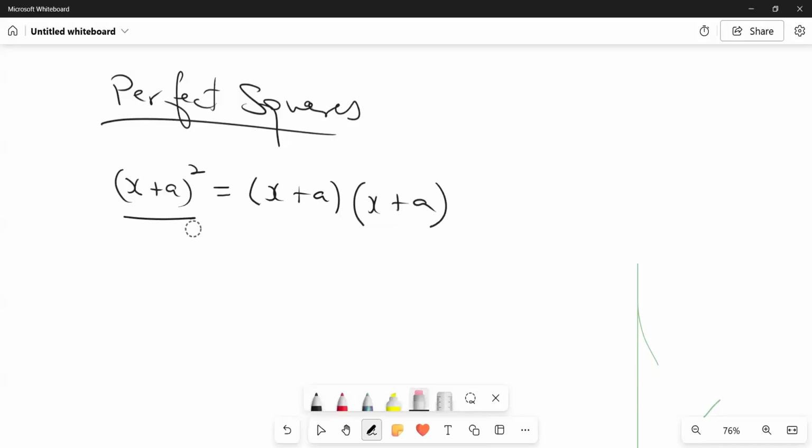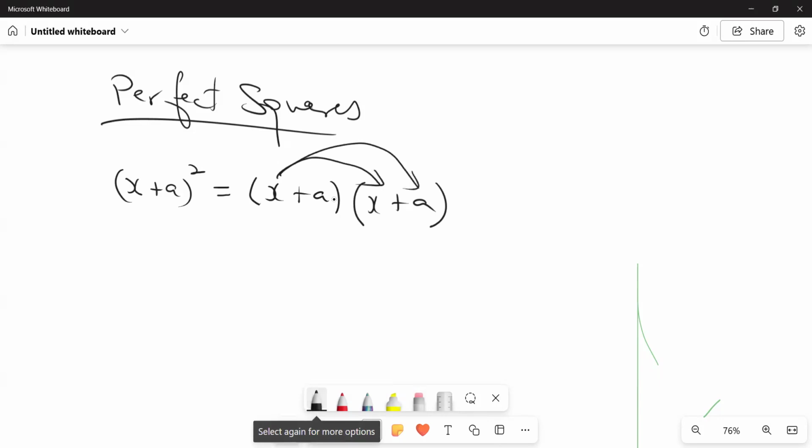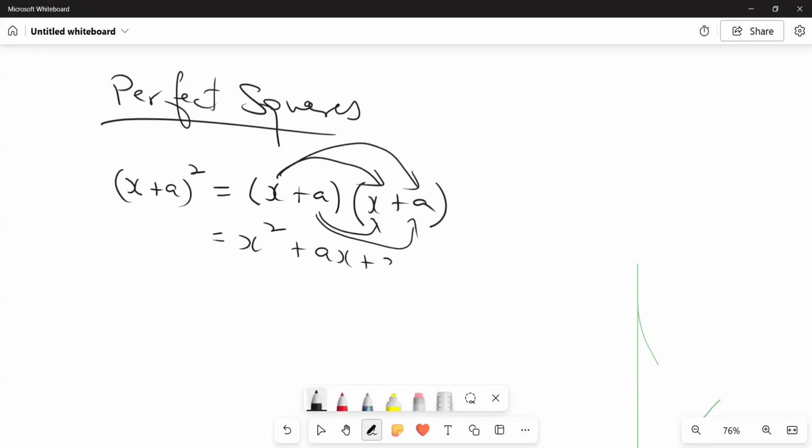So I'll make use of my good friend's shortcut that she was talking about earlier. x by x and x by a, you'll get ax. And I'll go a by x and then a by a, and I'll get ax plus a squared.